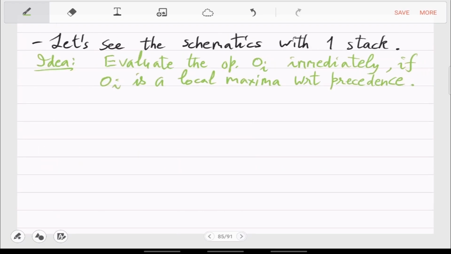So how will this work in a stack? For example, O3 is a local maxima.